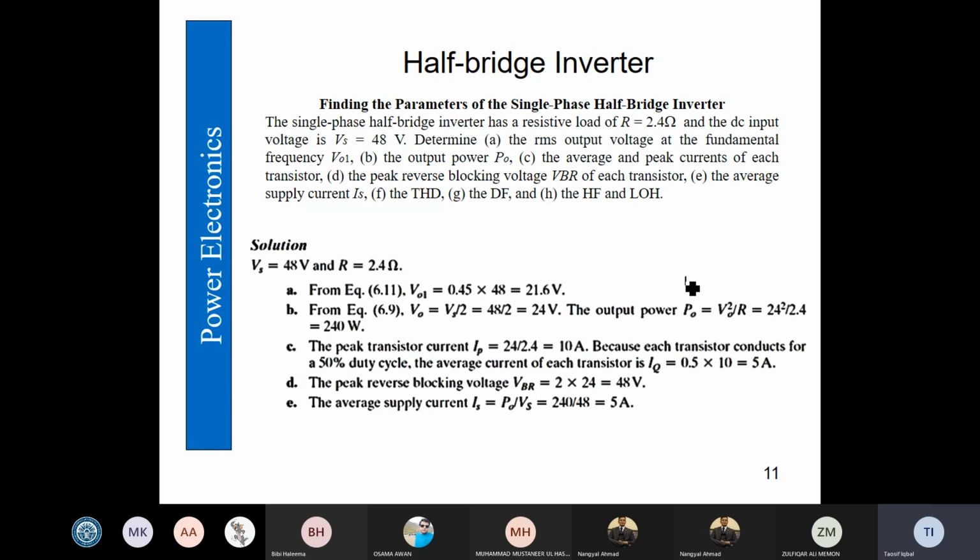Similarly, we can find out the effective power being consumed, and that is PO1, and obviously we can find that out by taking square of VO1 and dividing it by R. So this is going to be the first fundamental power that is going to be consumed by the load. Now the difference between total power and the first fundamental gives us the loss.